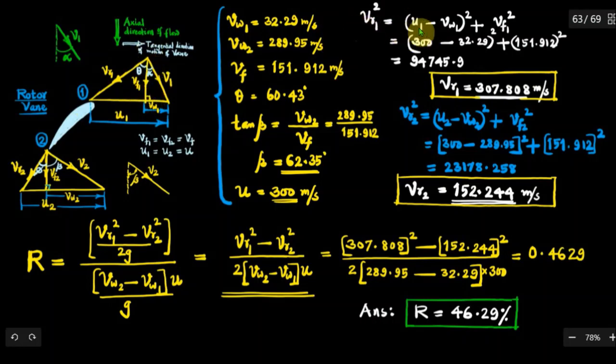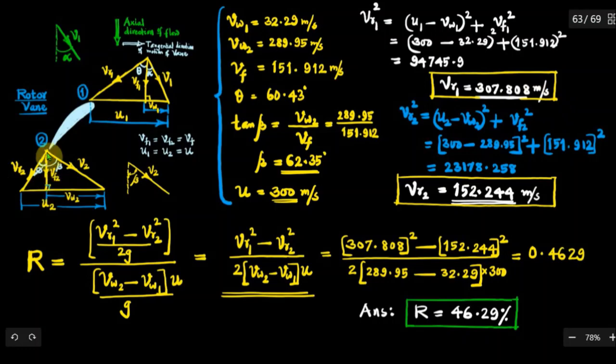All these values are known, so just substitute: 300 minus 32.29 whole square plus 151.912 square. You will get 94,745.9, that is Vr1 square. Take the square root, you get Vr1, the relative velocity at inlet, that is 307.808 meter per second. That's important.